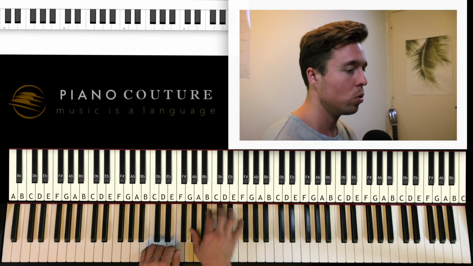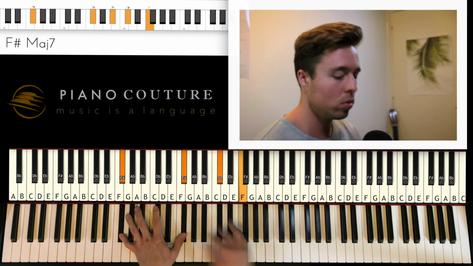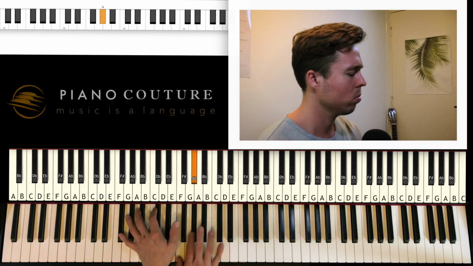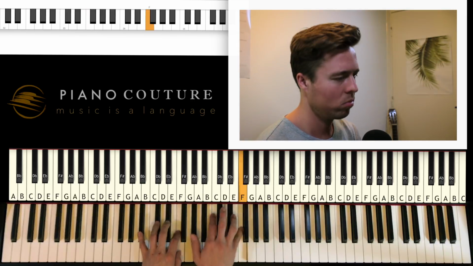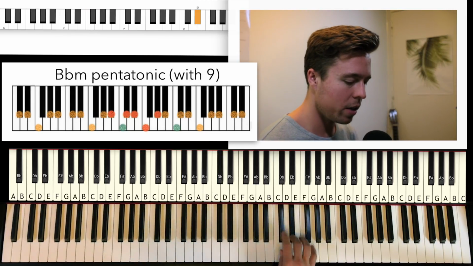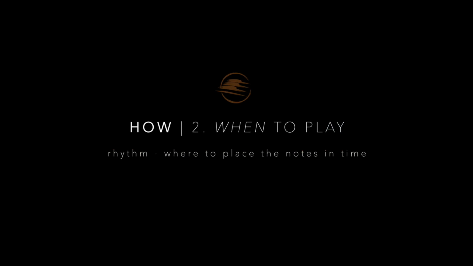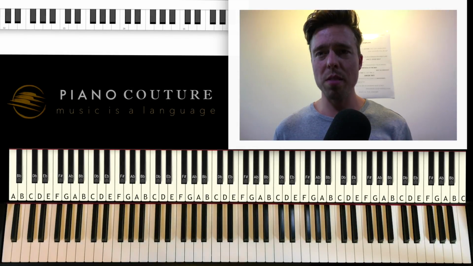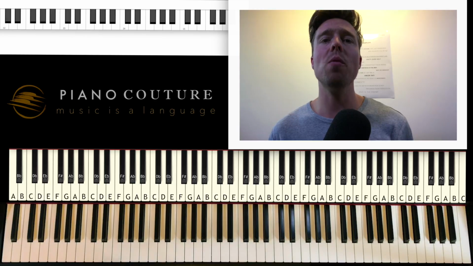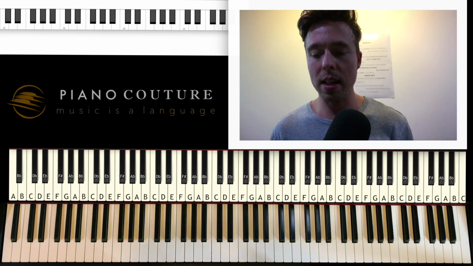So, right? So there I use the pentatonic extended with the 9. The rhythmic info is super important and what makes a lick actually that lick.